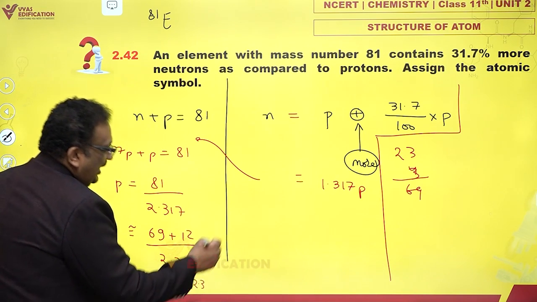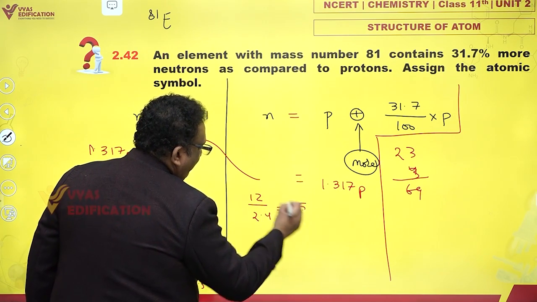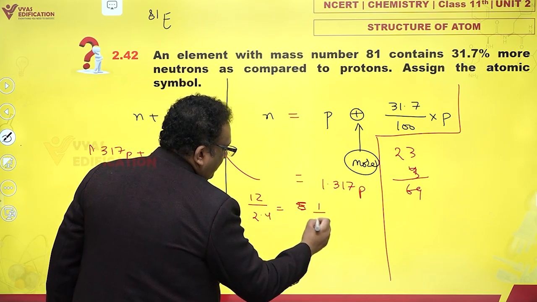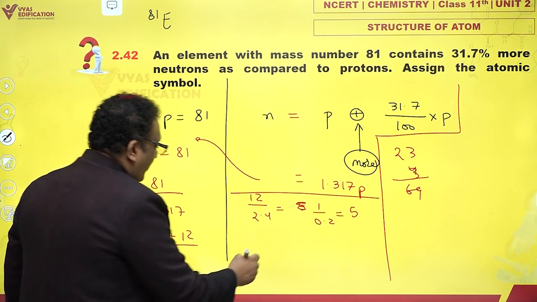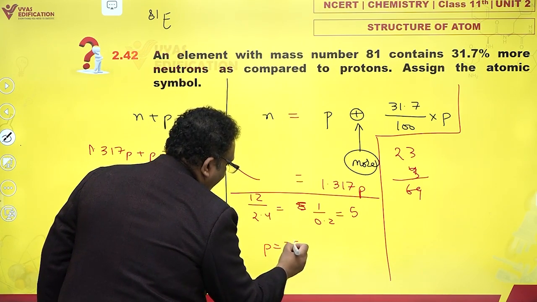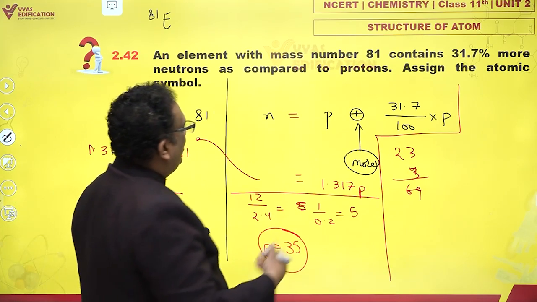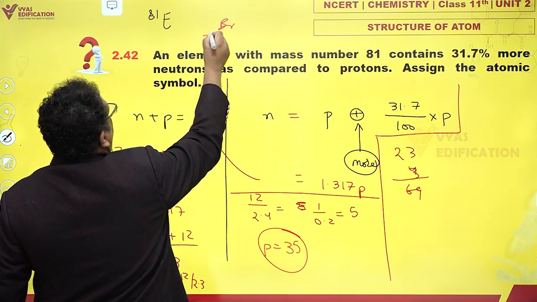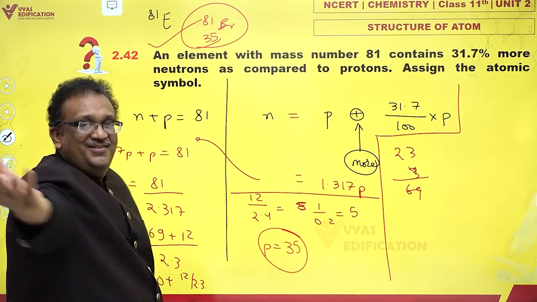So yes, I get the atomic number P as 35. 35 atomic number, that is bromine. So what is the symbol? The symbol is bromine 81-35. Is this the answer? Yes, this is the answer.